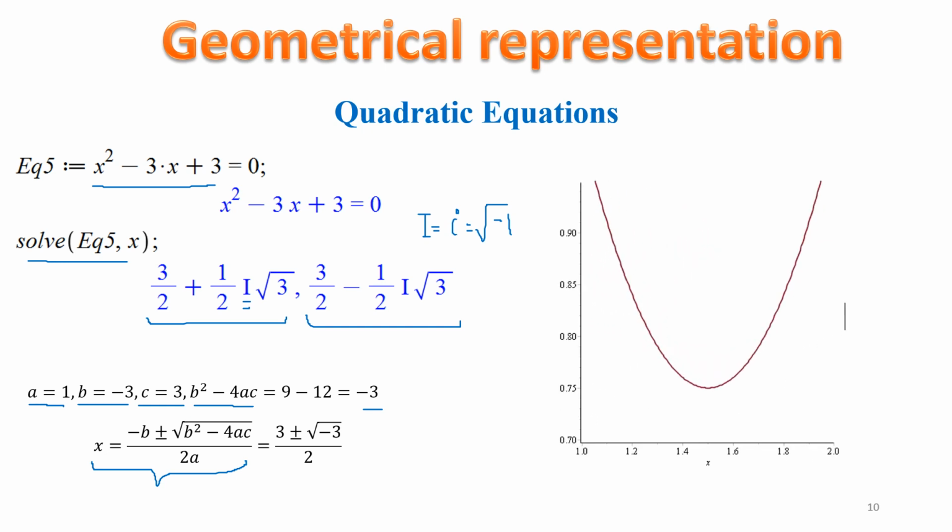Now, if we try to plot this graph x square minus 3x plus 3, then you will be able to see that this curve is not intersecting with the x-axis. This is a quadratic equation and this is not having any intersection with the x-axis.